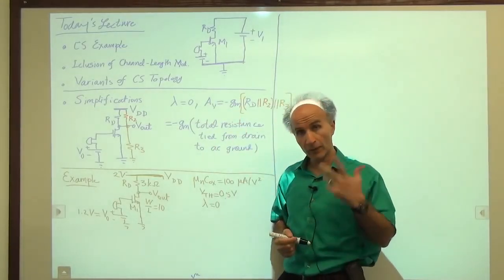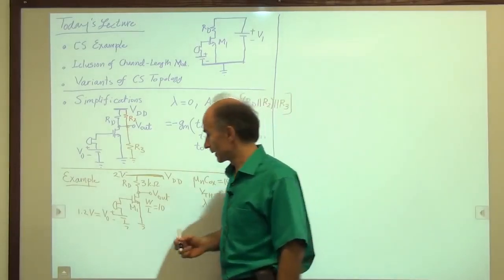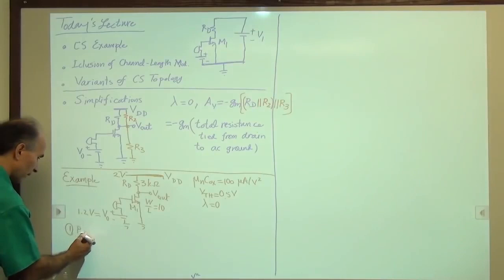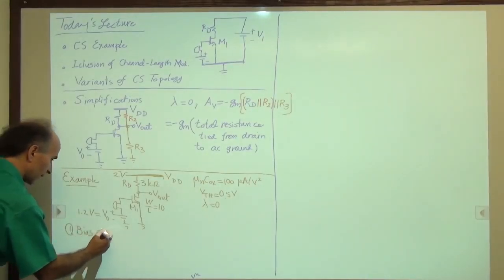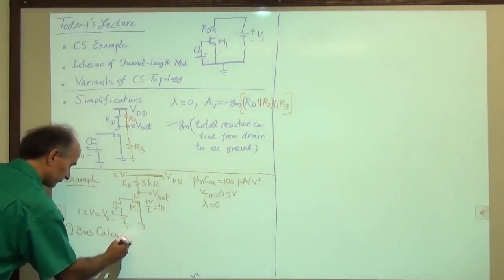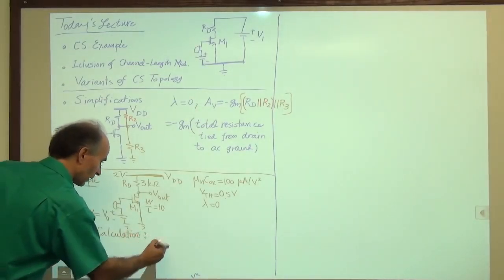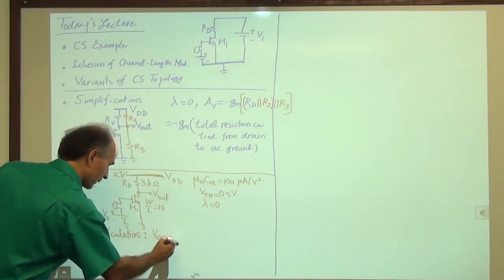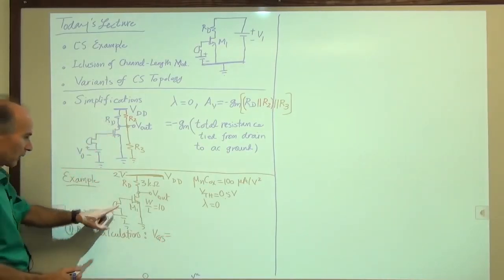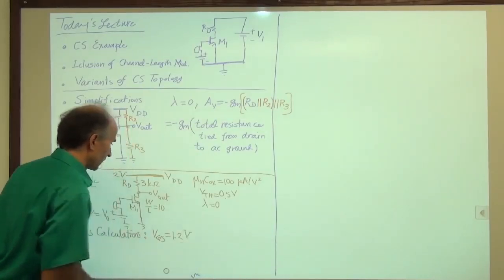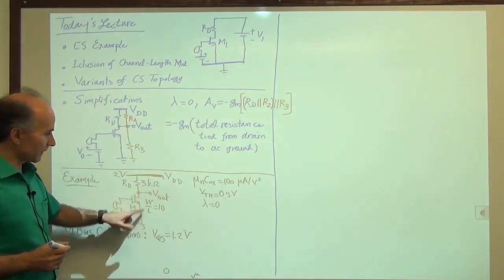Okay, so that's the procedure. All right, so let's begin with all the bias calculations. So we start with step number 1, bias calculations. Well, we know that VGS in the absence of a signal is 1.2 volts. So that's good. How much is VDS?